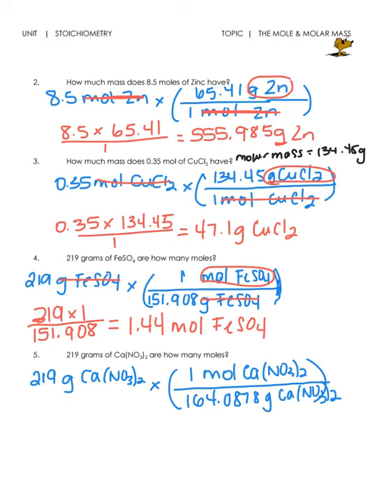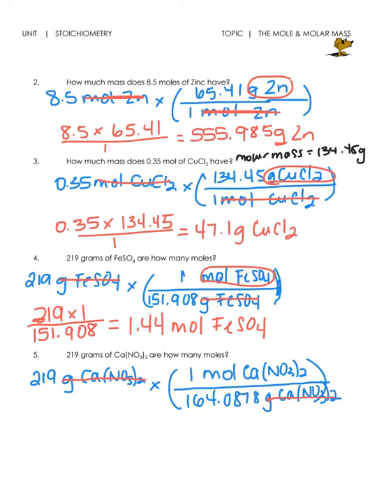I knew that the grams of calcium nitrate, the molar mass, went in the denominator because the units of my given was grams of calcium nitrate, and what's in the denominator has to be the same.